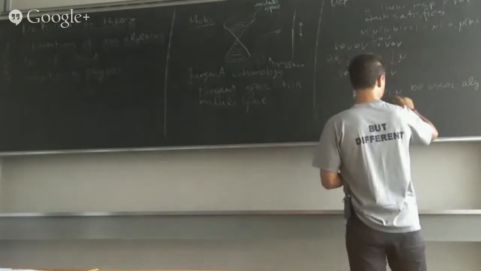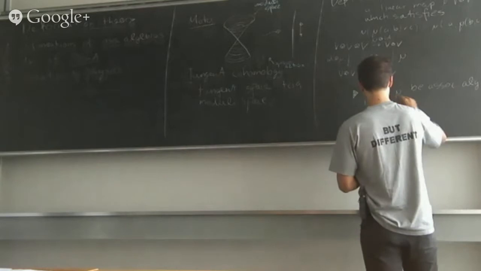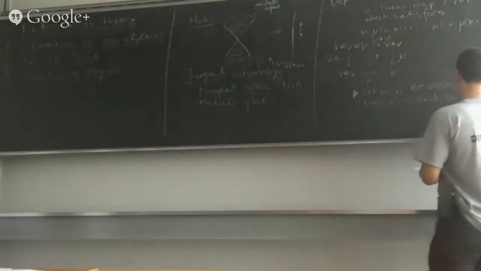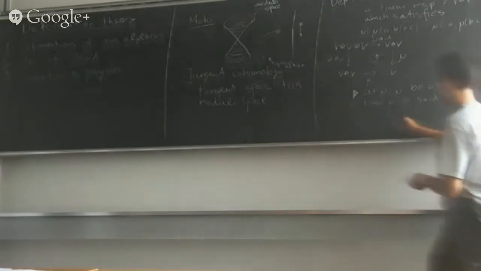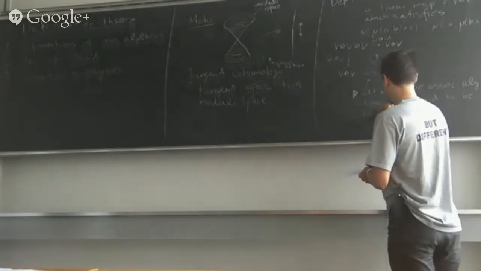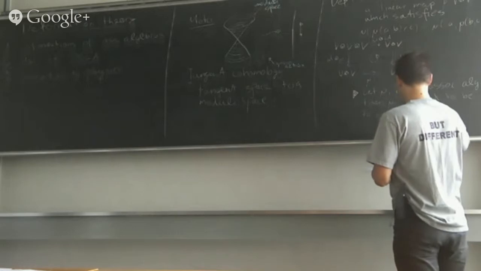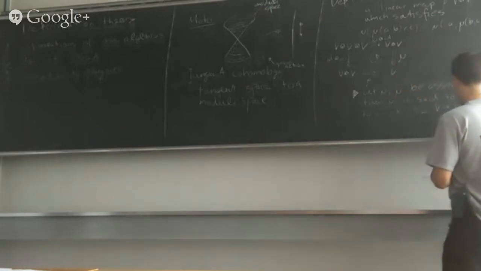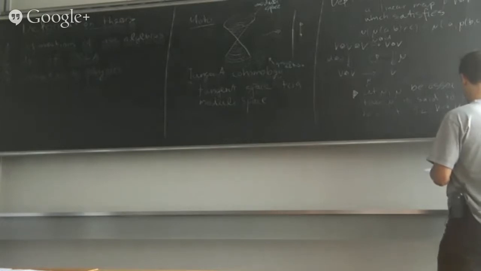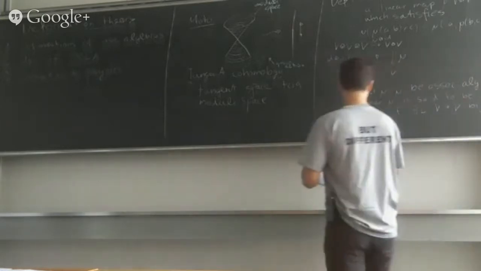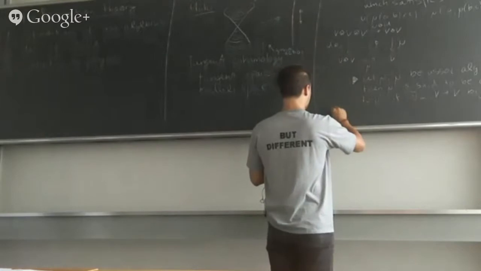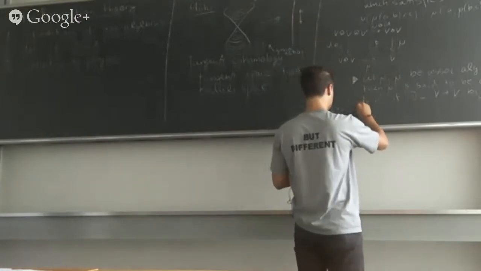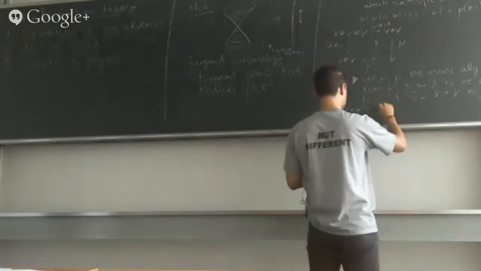Then mu is said to be equivalent to mu prime if there exists a linear map L from V to V, bijective, such that L times mu prime is equal to mu.